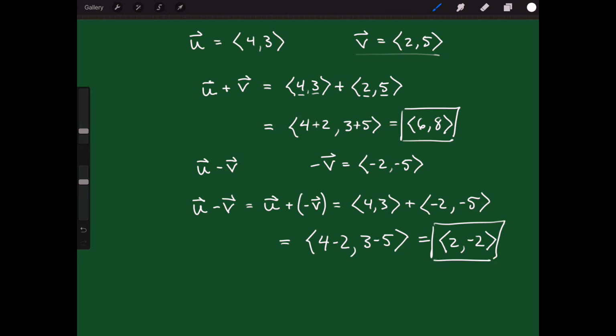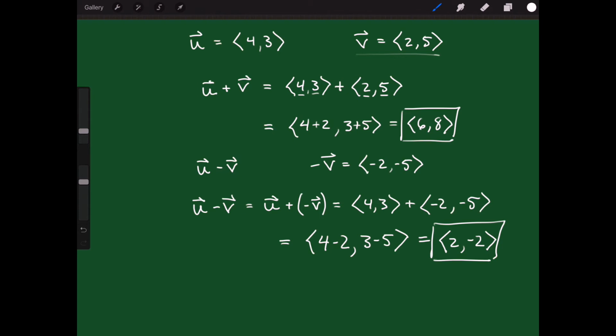Okay, and if in doubt, draw the picture. U goes right 4, up 3. Negative v would go down 5, left 2. And where would you end up? I think that the answer would be you would be at 2, minus 2. And that's exactly right. And so that is how you add two vectors, provided that each of those vectors starts at the origin.